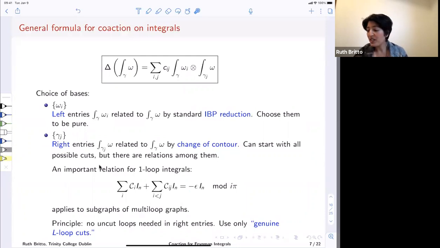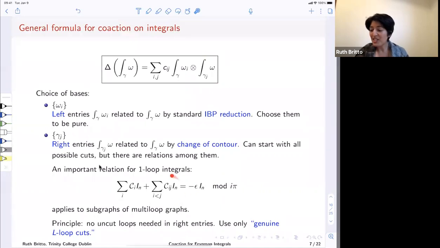It also is, whenever we compute cuts, actually in this context, we're computing them modulo I pi. And this is related to having two different spaces in the coaction. And the fact that in the coaction, as we understand it in this context, all the elements here are only taken modulo I pi.